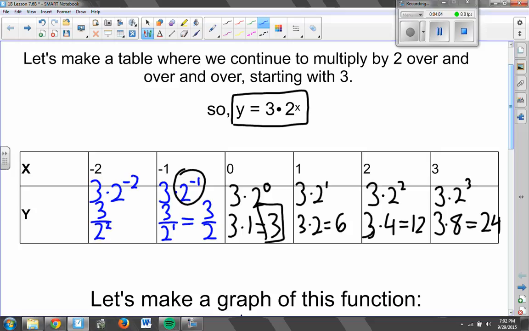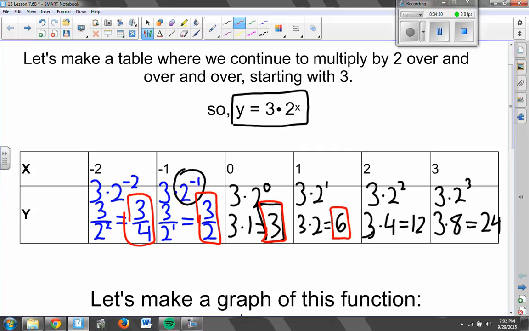I hope you're tracking with me there using our negative exponent rules of flipping it to the bottom of a fraction. Now we know the bottom of this fraction, 2 to the second power, is really 4. So we have 3 over 4 there. So just to recap, these are our y values for certain x values in this equation.